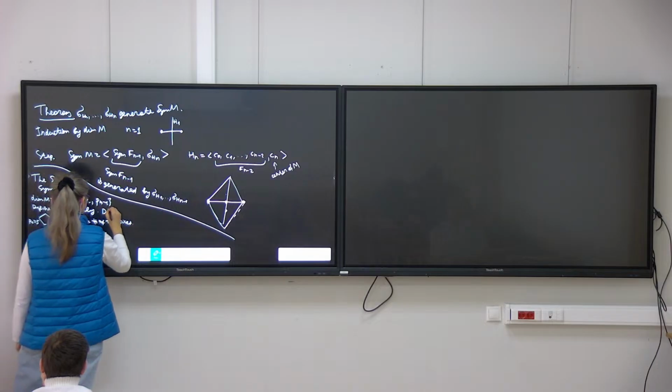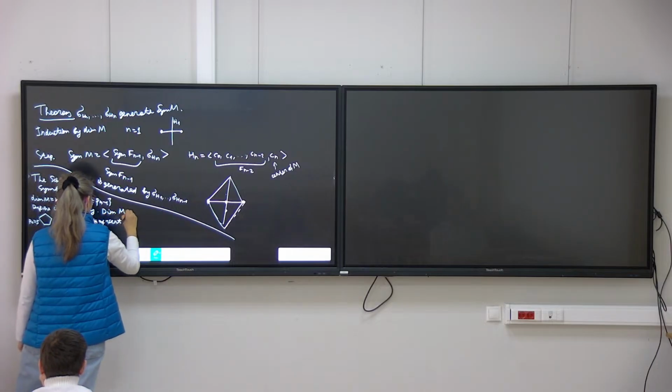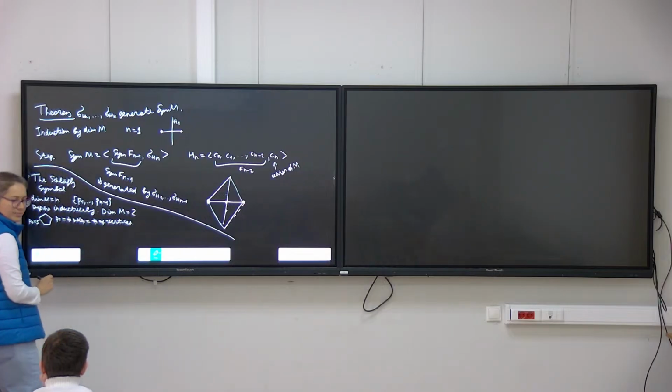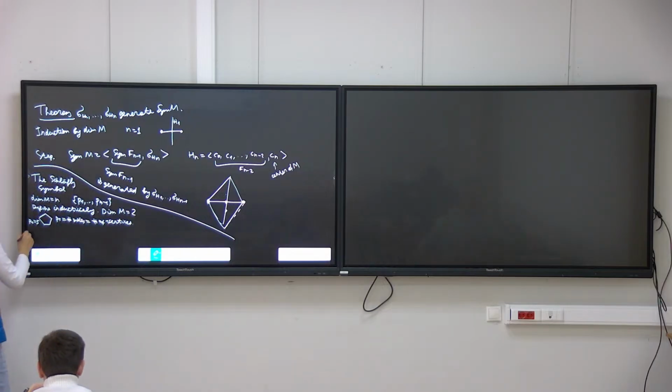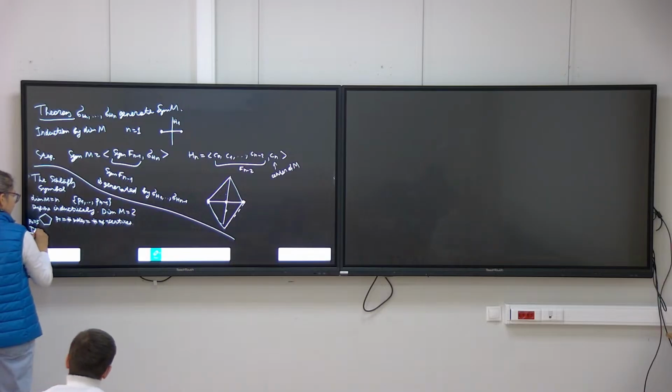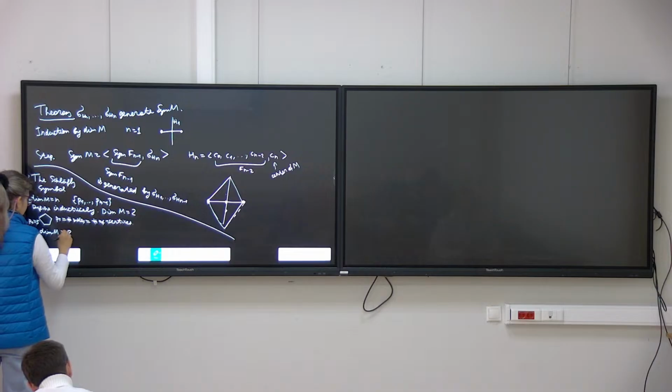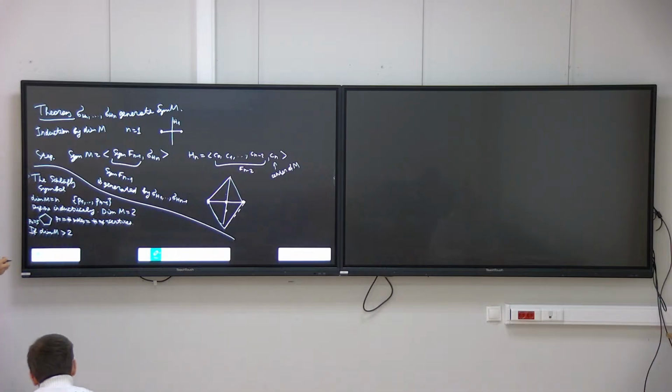So if dim M equals 2, then p1 is this. Now, if dim M is greater than 2, what is our construction?